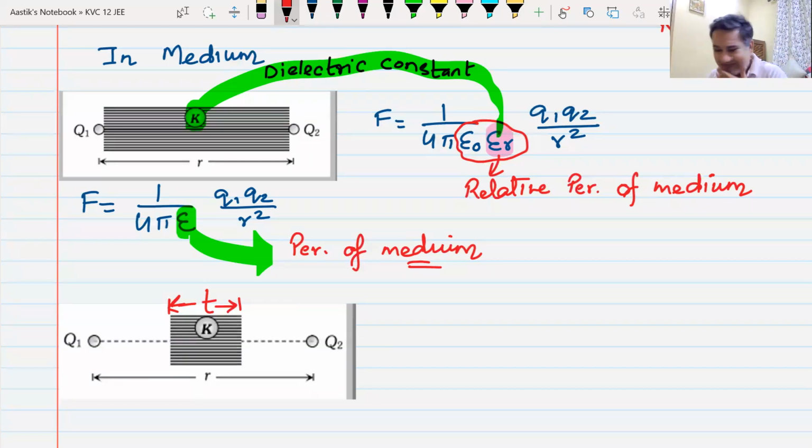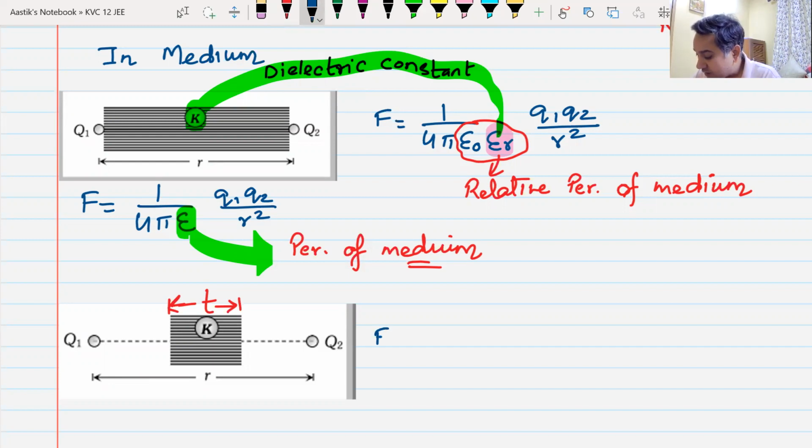Now, the simplest way to do this is we are going to find the effective distance in air, and then we convert that effective distance from medium to air. Don't worry about it. You just remember the result that you get. And you can test the result for different values.